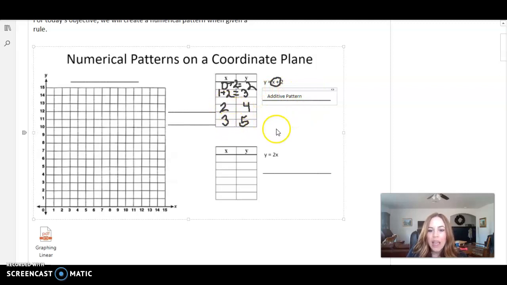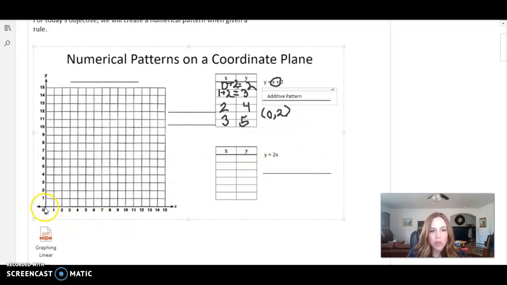Remember how over the last few days, all we've done is taken a table like this and made a graph, or put the points on the graph. Well, let's go ahead and do that and see what happens. I'm going to write my ordered pairs out like this so we know what they look like. My first one is 0, 2. How do I plot 0, 2?